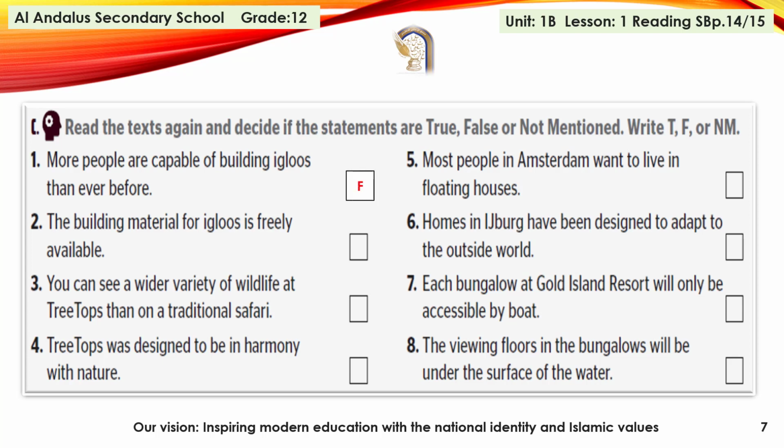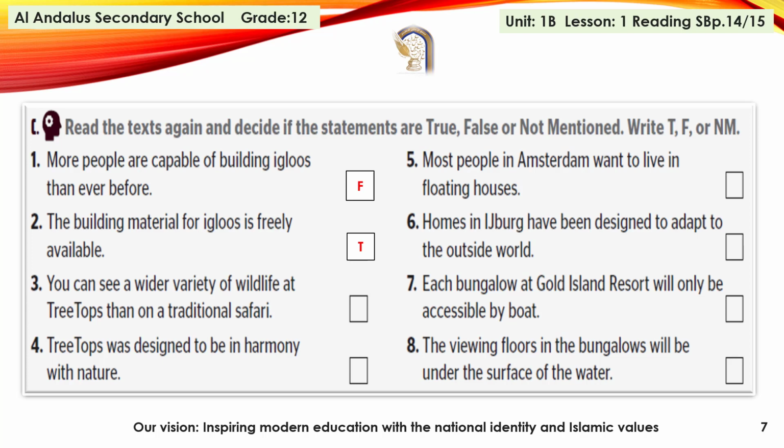Number 2, the building material for igloos is freely available. That's right, of course, because igloos are made of snow. Number 3, you can see a wider variety of wildlife at tree tops than on a traditional safari.